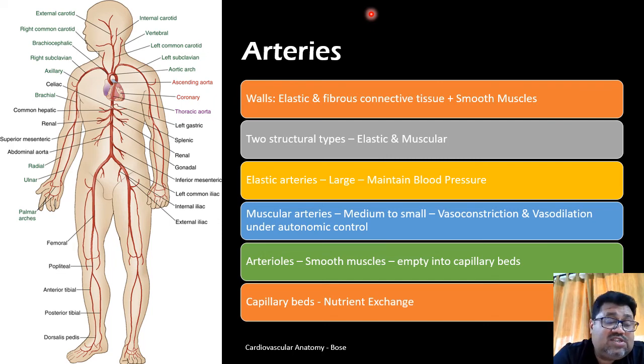Whereas in elastic arteries we have more elastic fibers, the muscular arteries have more smooth muscles in the tunica media. Therefore, these arteries have the ability to constrict, which we call vasoconstriction, or dilate, which we call vasodilation, or enlargement of the diameter of the blood vessel.